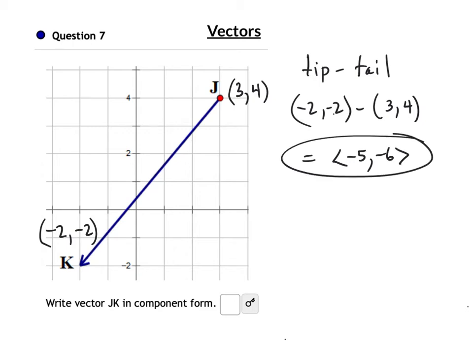And there's our answer. But we can also observe that if we start at point J, this vector would move down 6, that's -6 for Y, and left 5, -5 for X. We can see, just looking, that this in component form is the vector <-5, -6>.